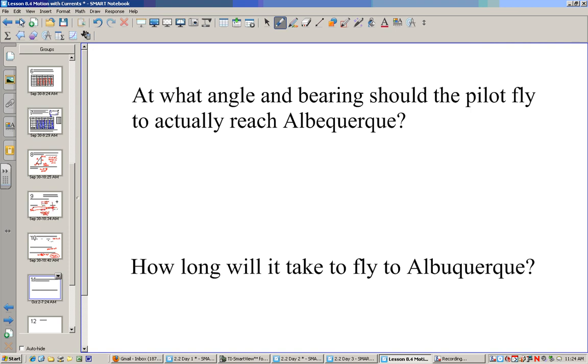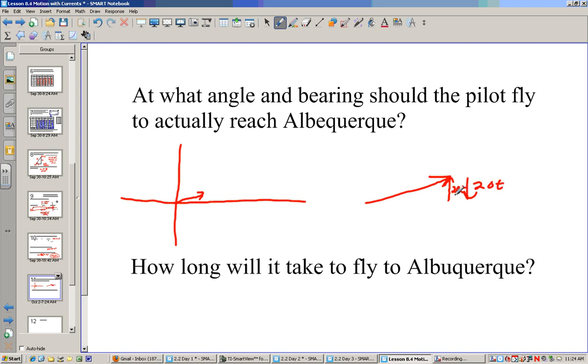Now, at what angle and bearing should the pilot fly to actually reach Albuquerque? All right, now this is a more difficult question. So he wants to aim this direction so that this force counteracts that force going down at 20 miles per hour.